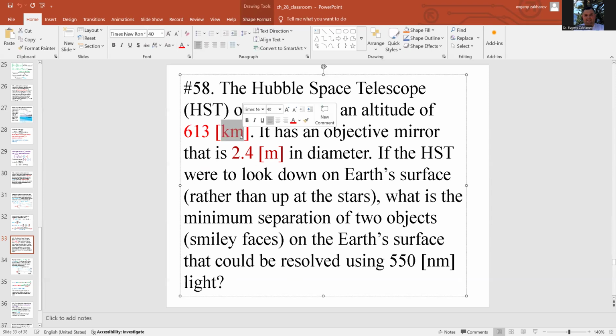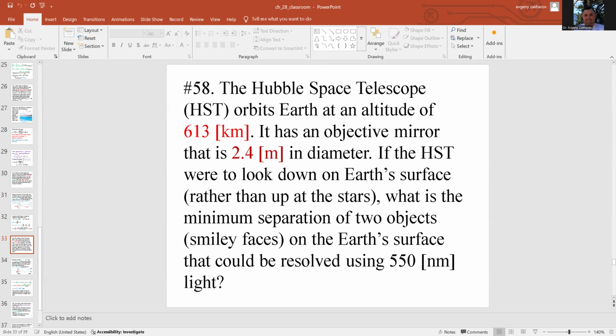Be careful, kilometers convert to meters. And it has an objective mirror that is 2.4 meters in diameter, which is quite a mirror. It's like a 9 feet diameter mirror. If you take an astronomy class, you'll understand that the bigger the better, and it's going to give you much better resolution. And that's what we're going to discuss in this problem.